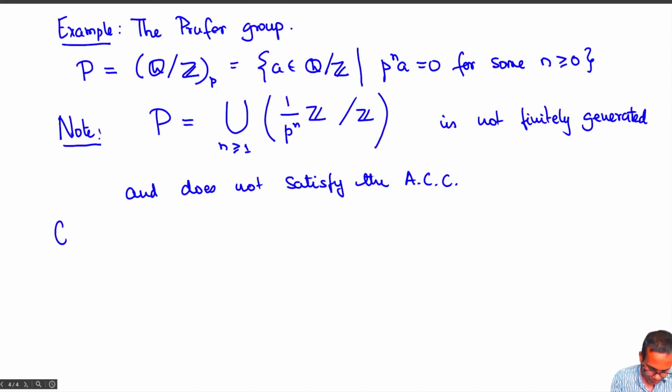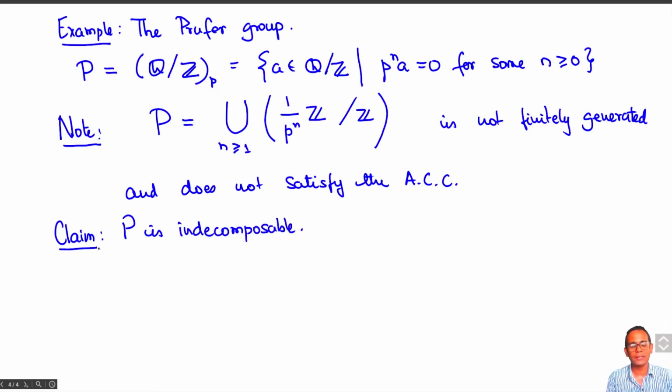Now I claim that P is indecomposable. What we need to show is that if P can be written as a direct sum P1 plus P2, then one of these is equal to P and the other is 0.